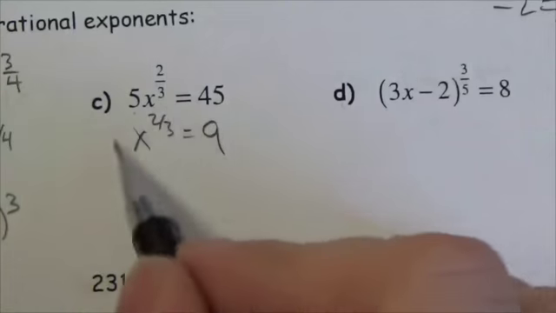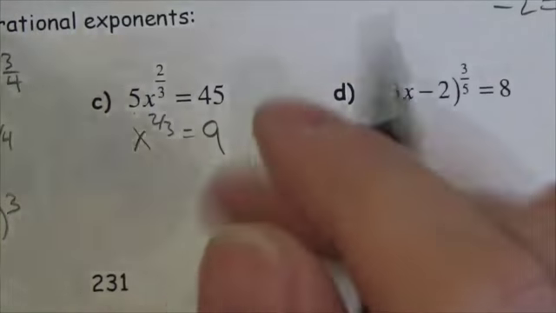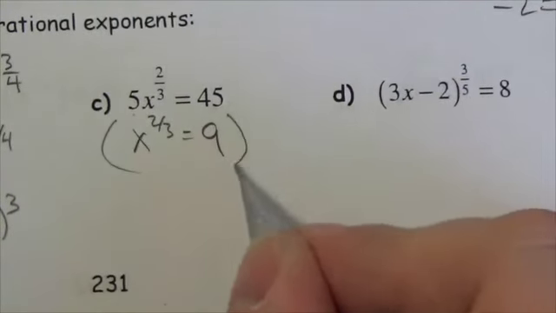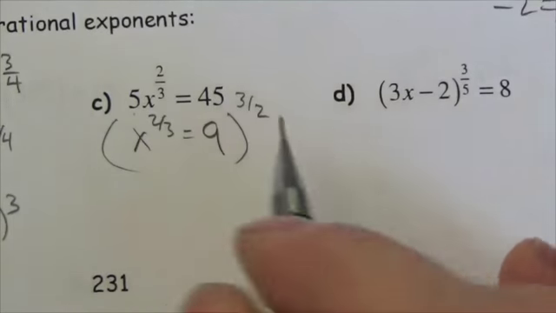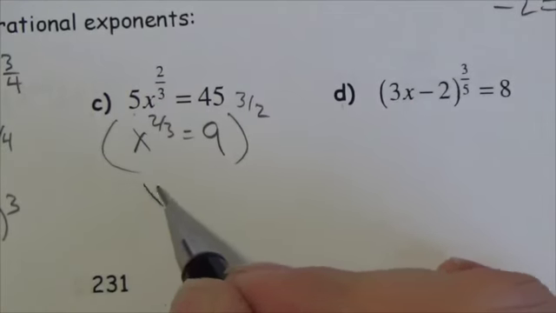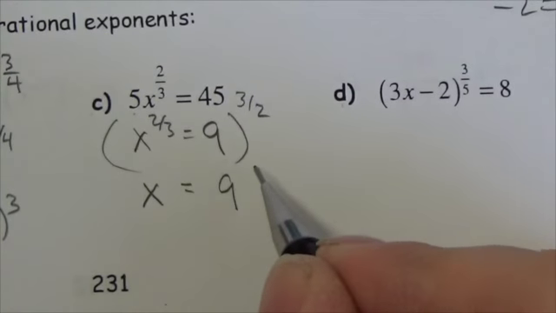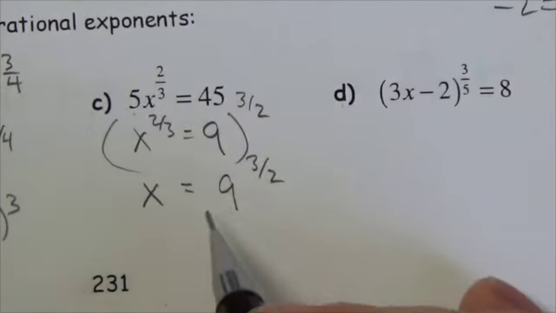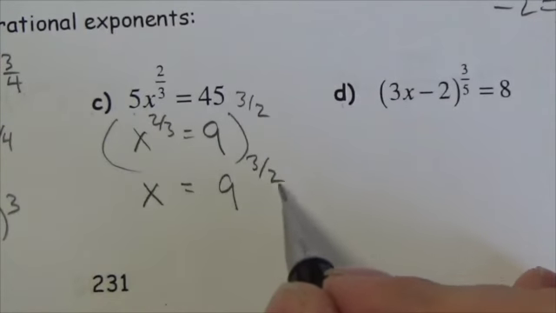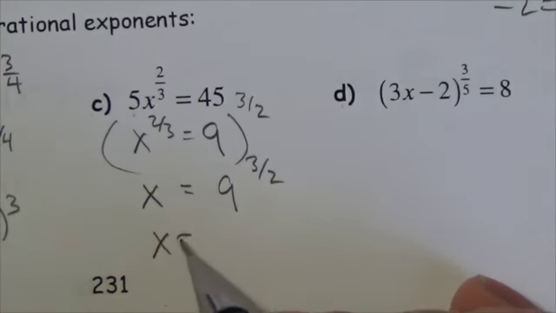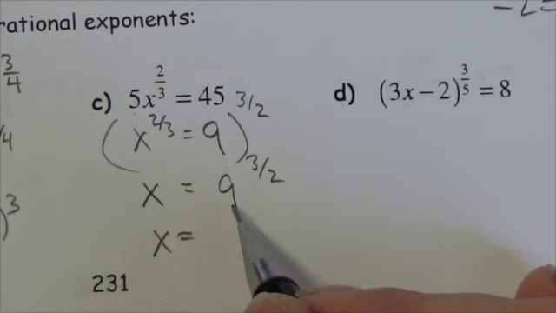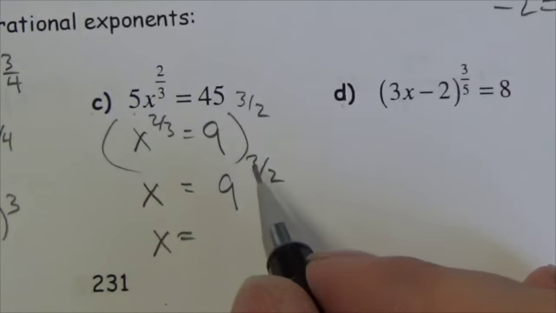Okay, now the factor with the x in it has been isolated. Now I'll take it to the reciprocal power. On the left-hand side, that's going to get me x to the 1. On the right-hand side, that's going to get me 9 to the 3/2, which is going to be the square root of 9 cubed. Okay, the square root of 9 is 3. Cubed is 27.